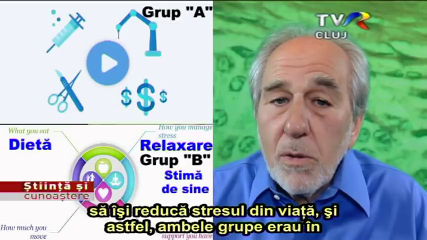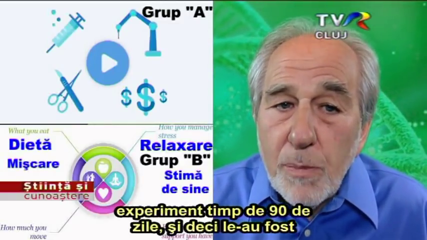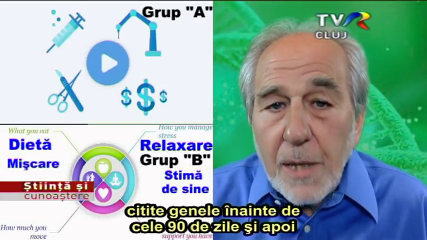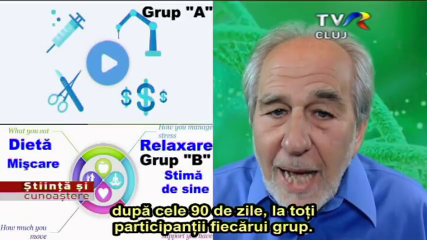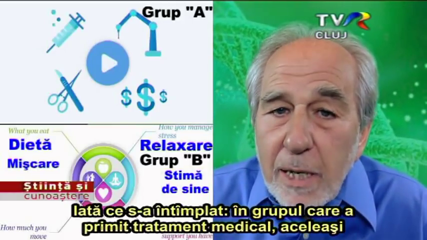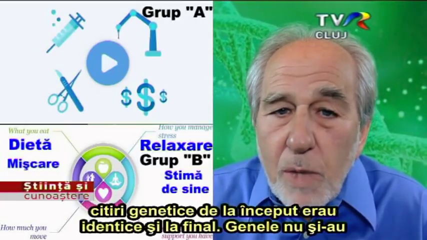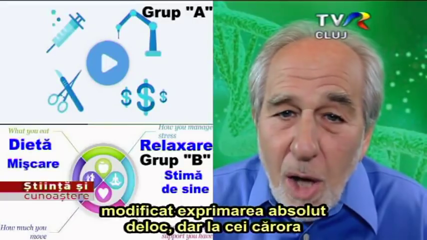And so both groups were in the experiment for 90 days. So they read the genes before, and then they read the genes of the participants in each group after 90 days. And here's what happened. In the group that got medical treatment, the same gene readout at the beginning was the gene readout at the end. The genes didn't change at all.